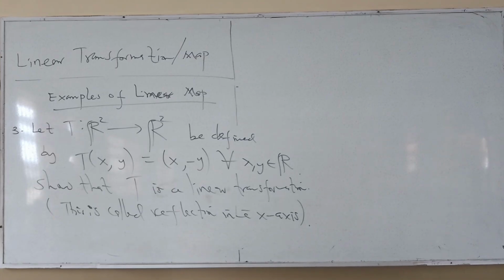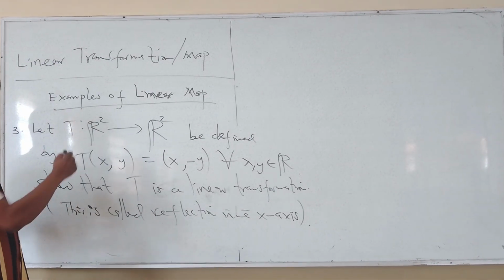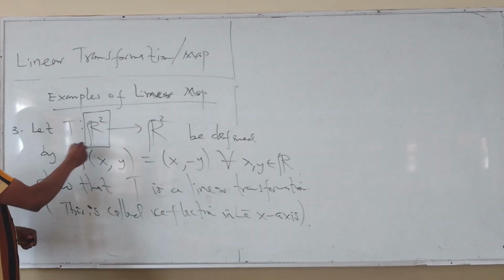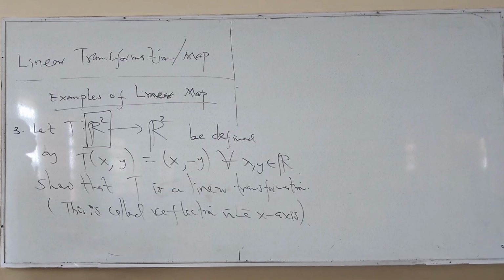So see, look at this. Look at the domain. Always pick the elements from the domain. The domain, as you can see, is a plane, the X and Y plane. So this time we can't pick the members as just vectors like that. It should be in pairs. So we have to pick the elements as pairs.